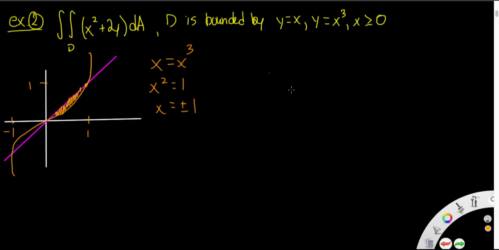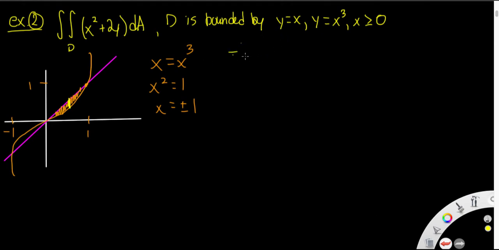So we can choose to use vertical strips or horizontal strips depending on your preference. I'm going to say let's do vertical strips, meaning the top curve, the upper curve minus the lower curve here. Looks like the upper curve is this pink y equals x.